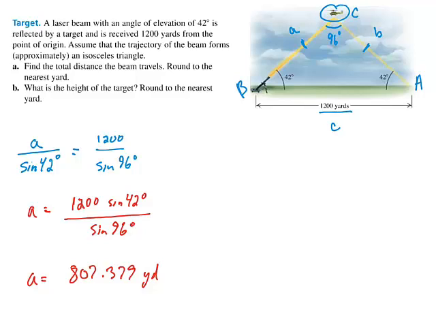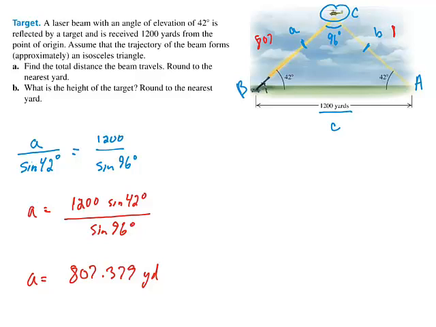Now looking at this, because I did not take the inverse sine function, this is the only possible length. There's not a possibility that I would have two different triangles here. Remember, if we take the inverse in these questions, that's when we need to check for multiple angles. Because I'm not taking the inverse here, this is the only possibility. So side A is going to be 807 yards.